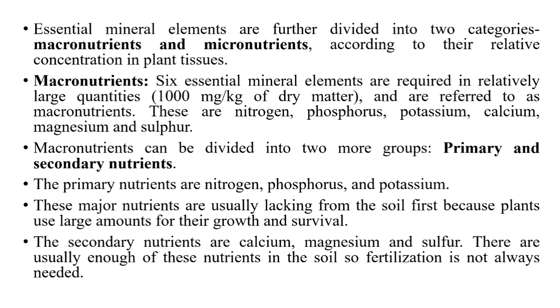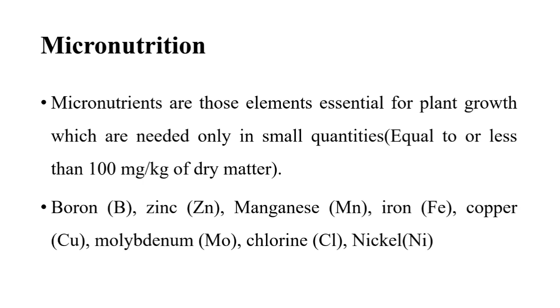And these macronutrients can be divided into primary and secondary nutrients. Primary are NPK: nitrogen, phosphorus and potassium. Then secondary nutrients are calcium, magnesium, sulfur. There is usually enough of these nutrients in soil, so fertilization is not always needed. Fertilization means to provide fertilizer to the plant.